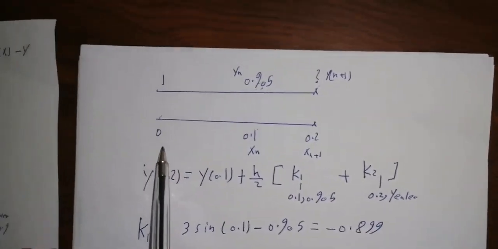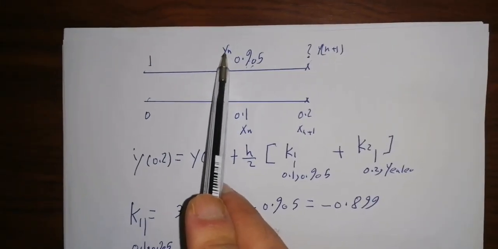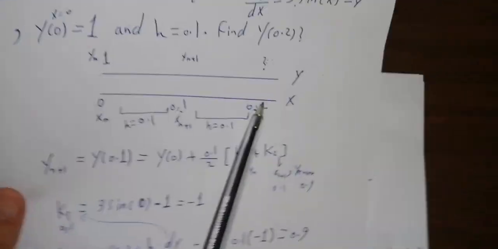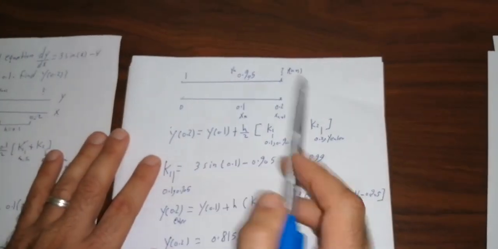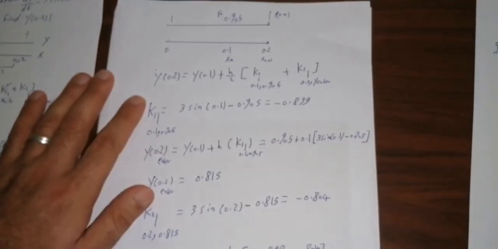So now the new xn will be here and yn will be here. As I said, when we solve this, then we go on to solve the next step. So in this step we consider xn, yn, and this is xn plus 1, yn plus 1. I use the same procedure.